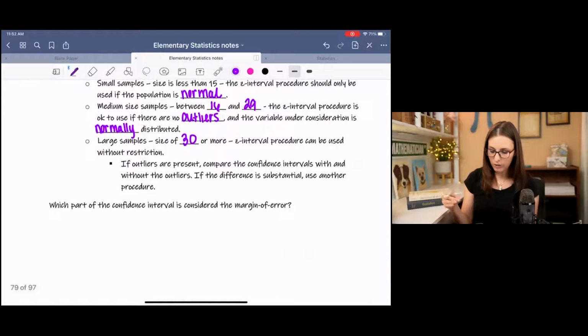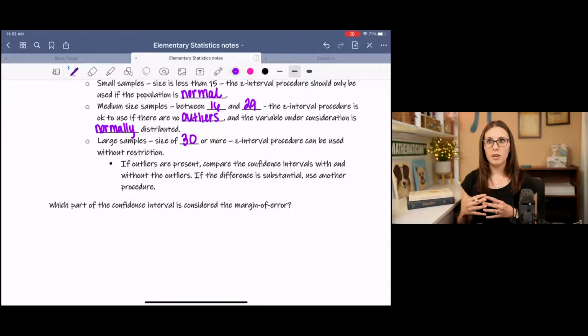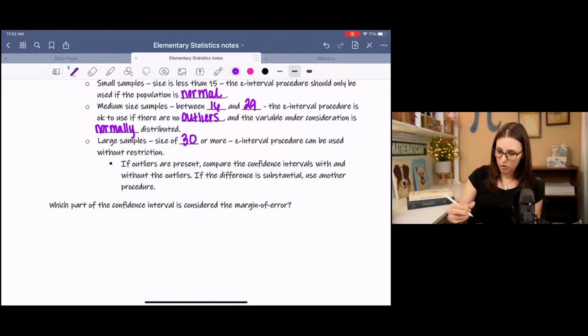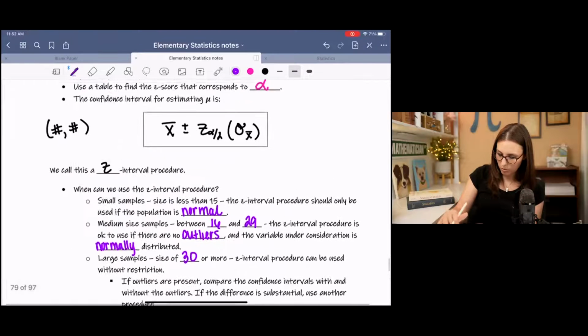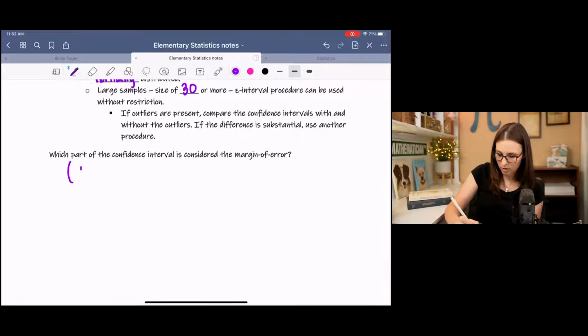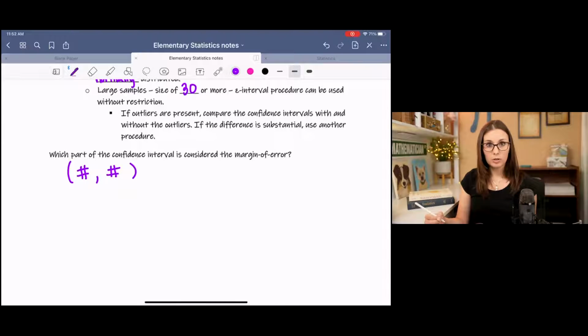Which part of the confidence interval is considered the margin of error? I mentioned that the confidence interval gives us this range of values where we think the population mean will be. I wrote out a little fake interval, and these two numbers represent boundaries, the endpoints.